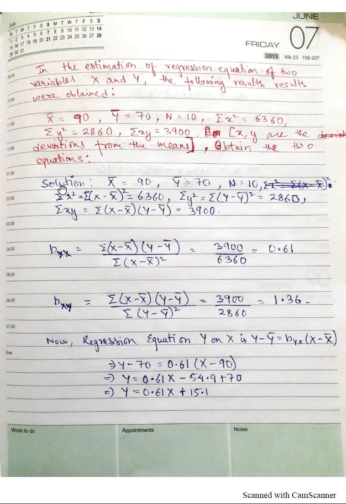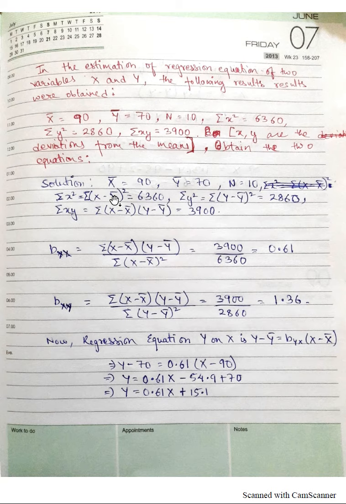So we are given x bar is equal to 90, y bar is equal to 70, n is equal to 10. Now summation x square is equal to 6360. What is small x? Deviation from the mean. So summation small x square is equal to the square of the deviation from the mean. So small x is equal to x minus x bar.